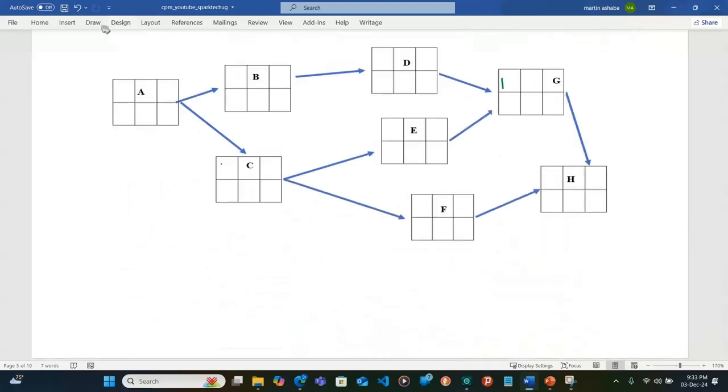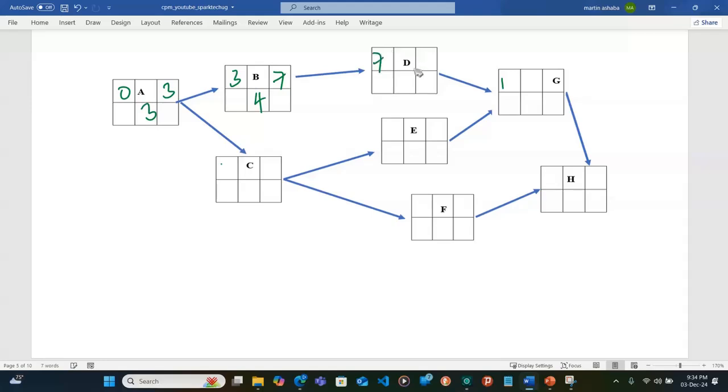So let's put the values in here. We have this one taking 3 days, and since at the start the project duration is 0, we shall start from 0. When we add 3, we have 3 here, and this is going to be the earliest start time for the next activity. Since B takes 4 days, this is going to be 7, 3 plus 4.